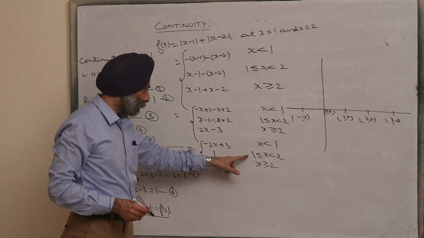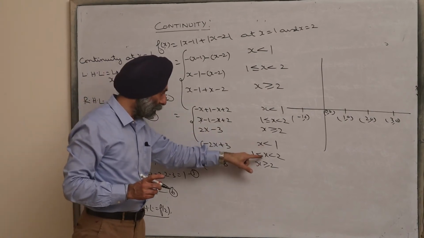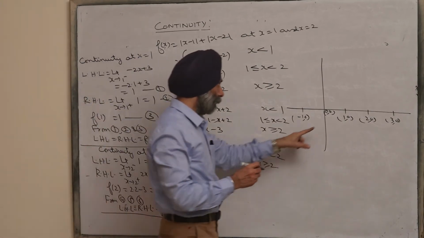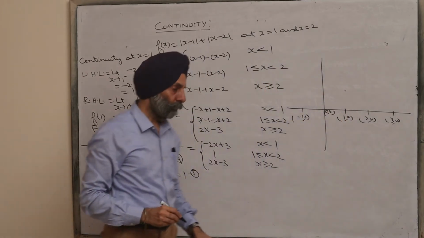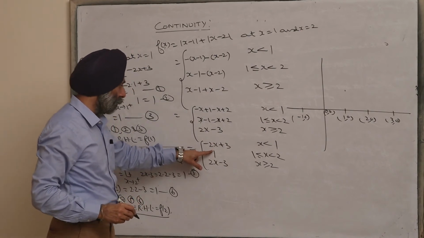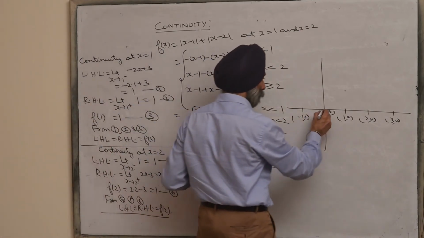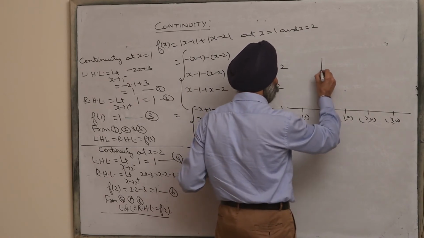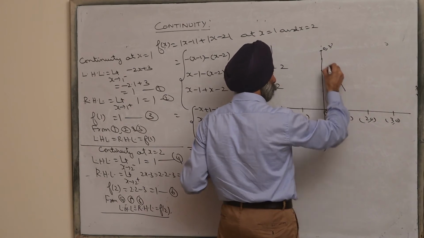Since this function is continuous at x equal to 1, when x is equal to 1, the value of the function is 1. This is the point here. For all x less than 1, when x is equal to 0, y is equal to 3. Say this is 3 here. Join these two.